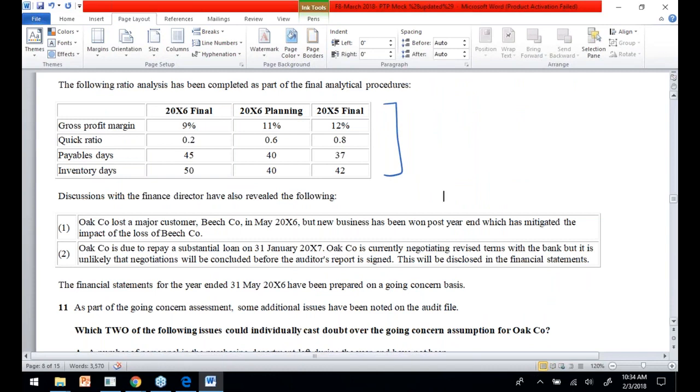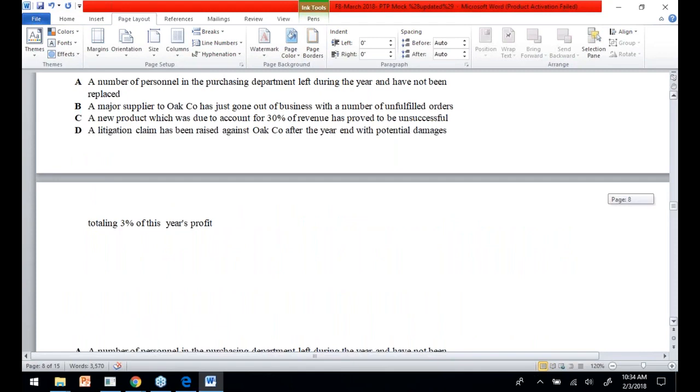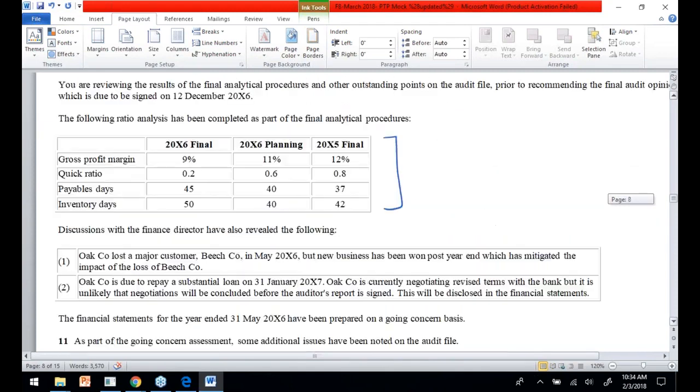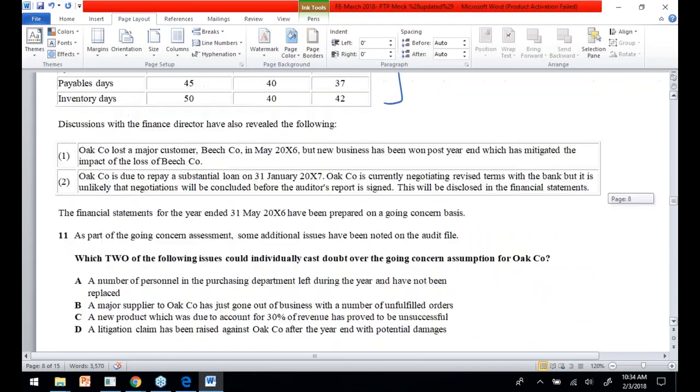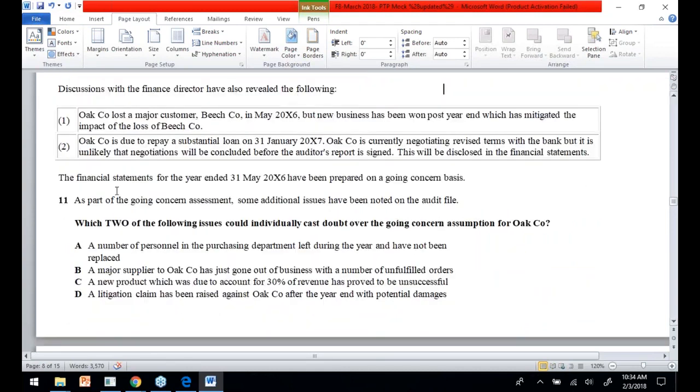Okay. Let's look at the first question. Okay. As a part of the going concern assessment, some additional issues have been noted on the audit file.